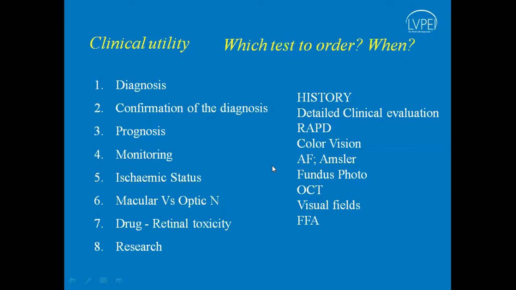Whether a macular pathology has caused retrograde degeneration of the optic nerve and caused disc pallor, or an optic disc pathology has caused degeneration of the ganglion cells and is appearing like a macular pathology. So here, pattern ERG and pattern VEP together can tell you whether we are dealing with either a macular pathology alone, an optic nerve pathology alone, or both.